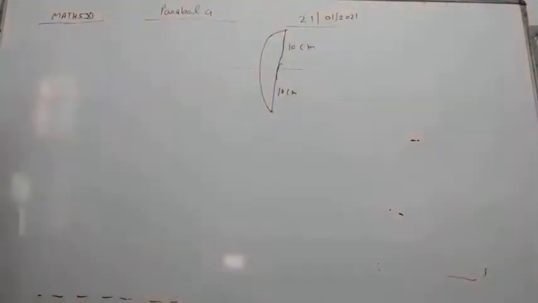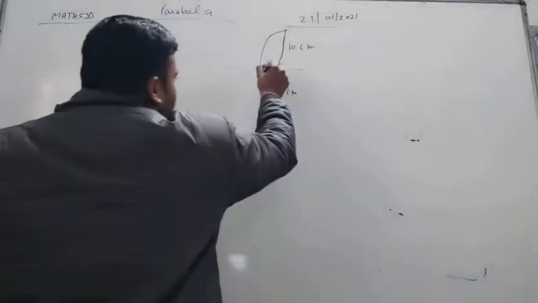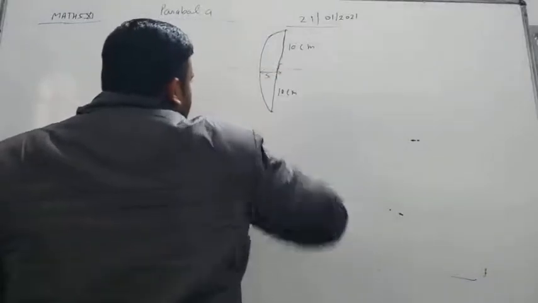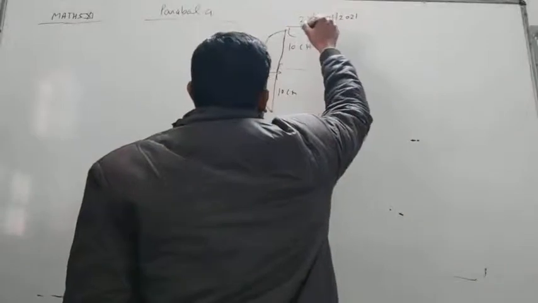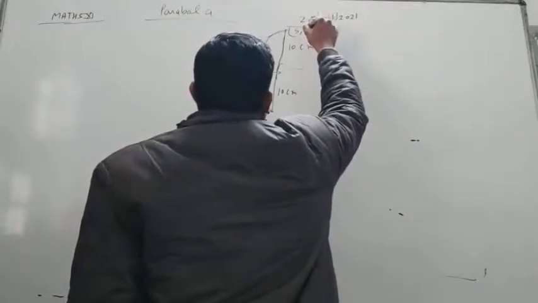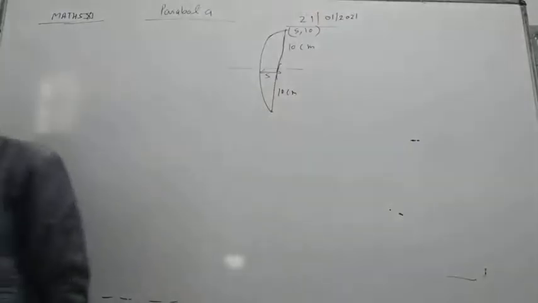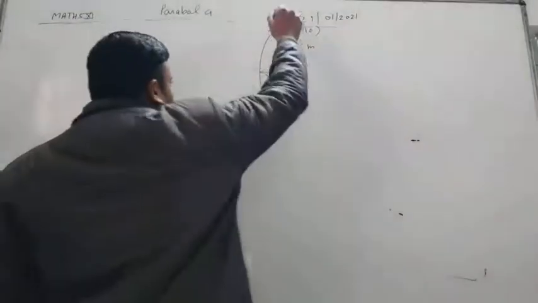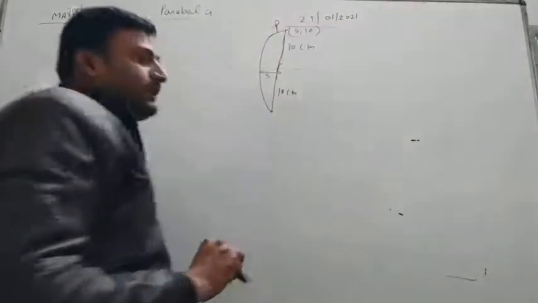This is our parabolic reflector and it's 5 centimeter deep. So the coordinate of this point will be what? (5, 10). So the coordinate of point P on the parabola is (5, 10).